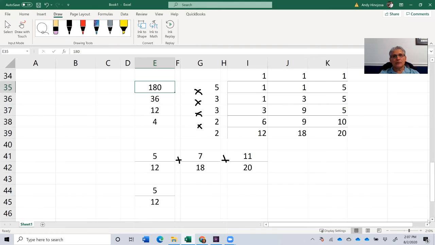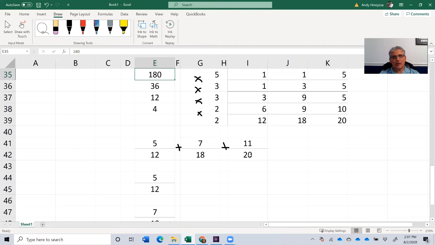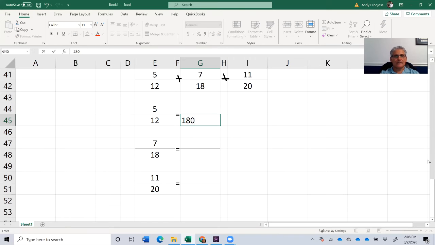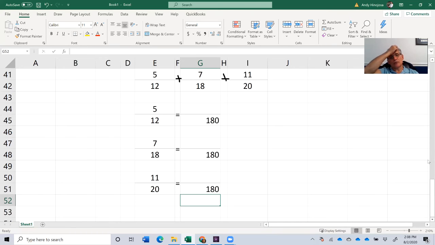So what we have to do is convert every one of these fractions such that the denominator is equal to 180. So we'll place the denominator to the right of the number, and we'll go through the process of converting these fractions to an equal fraction with a denominator of 180.